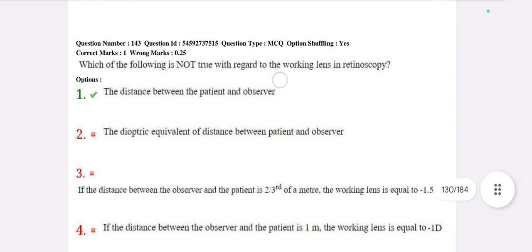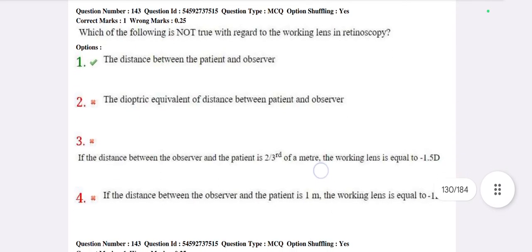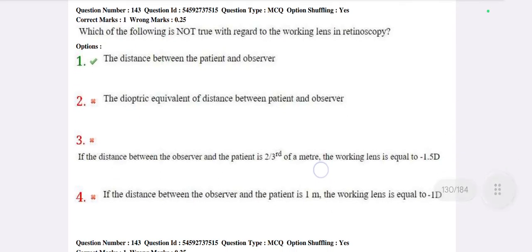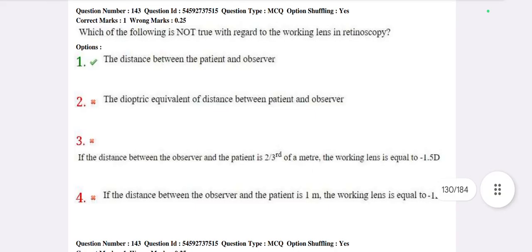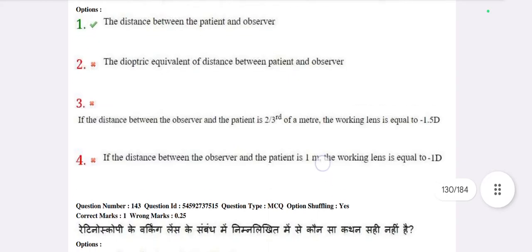Our next question is, which of the following is not true with regard to the working lens in retinoscopy? Answer is the distance between the patient and observer.